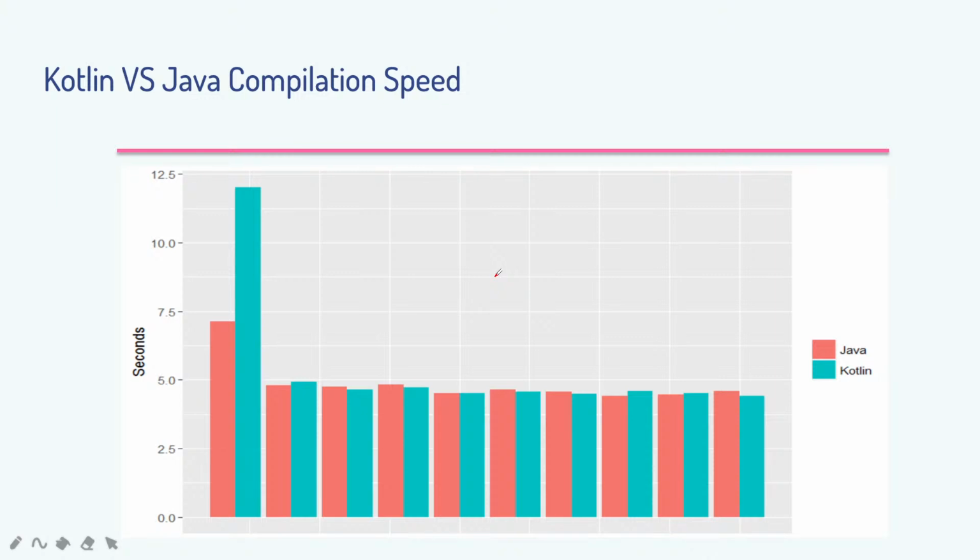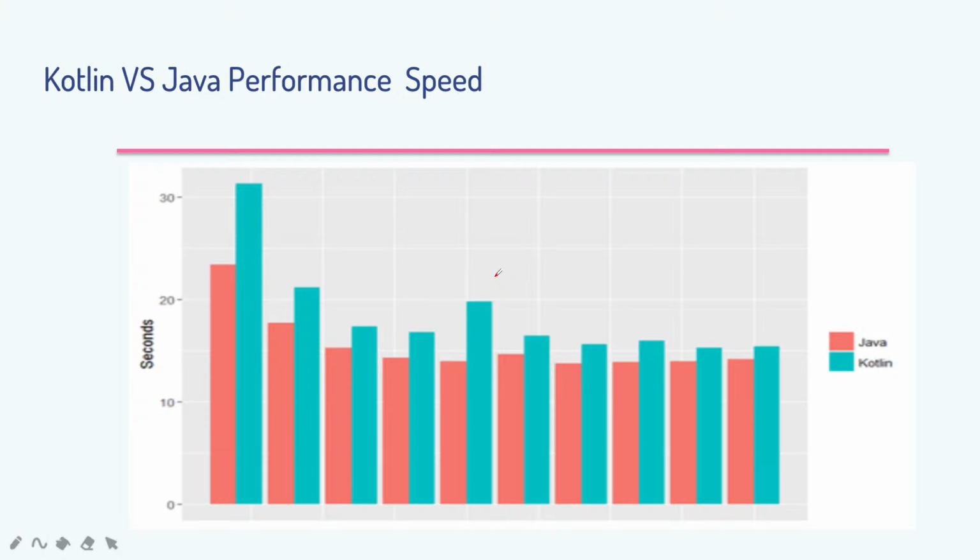We are comparing this n number of times, so we are getting graph results that are the same or better than before. It's not giving an exact output of which one is better, but in the first iteration I am getting an exact result of which one is good, but after this they all look the same. This is the compilation speed and performance speed.